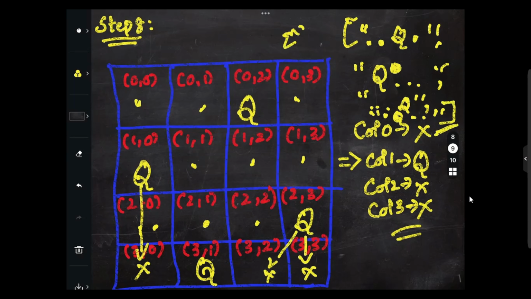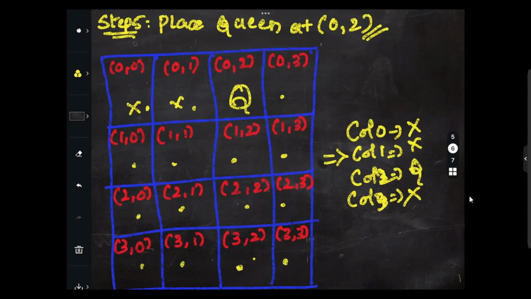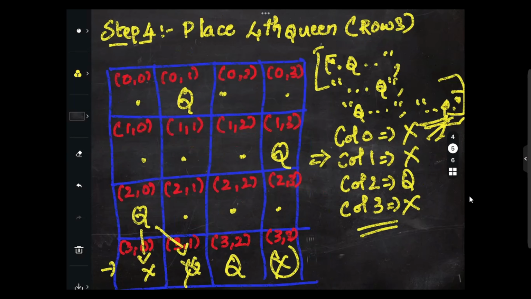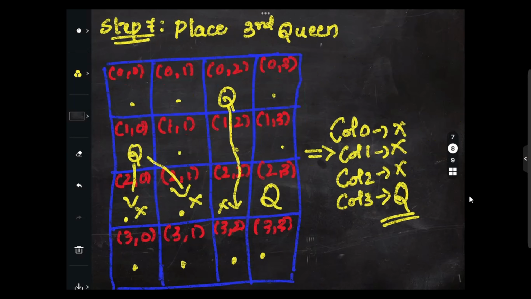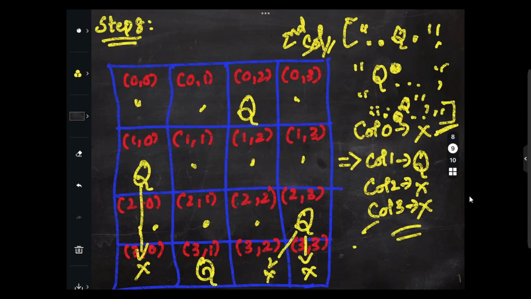So this is the second solution that we got. The first solution we got in step 4, right? This one. So these are the two solutions that we got here.